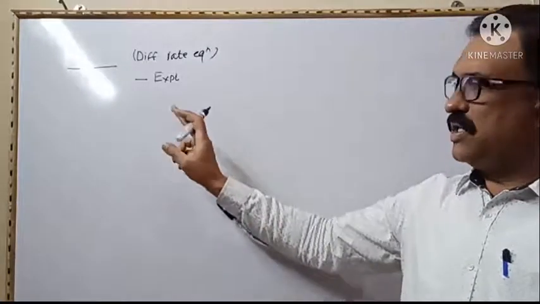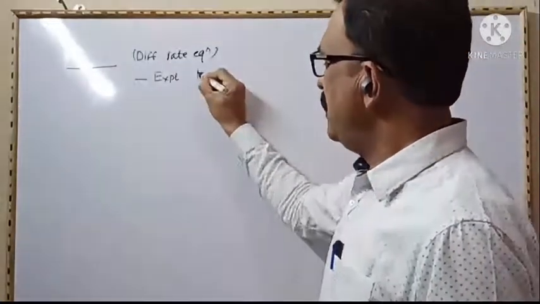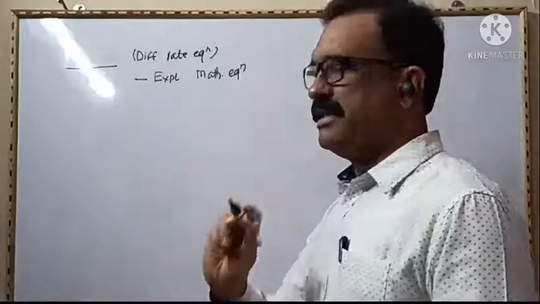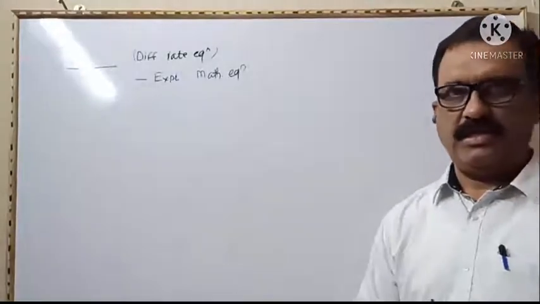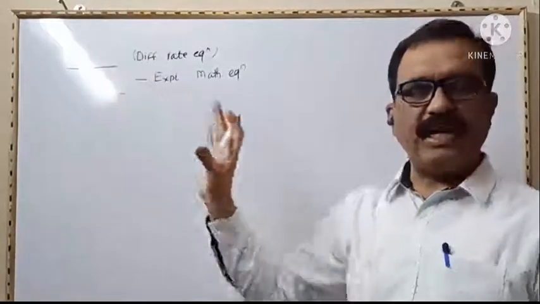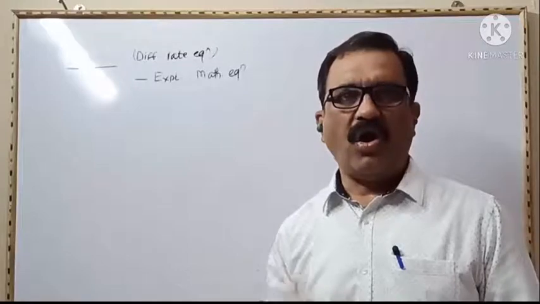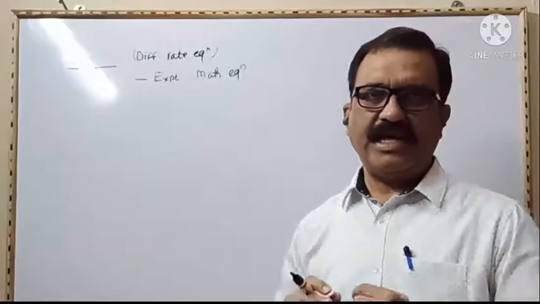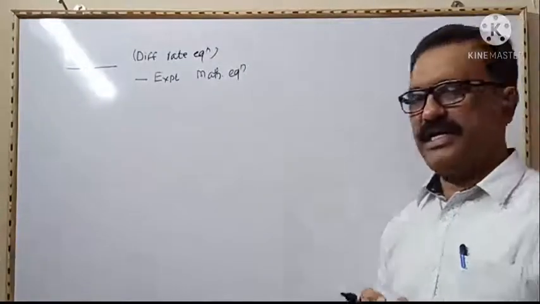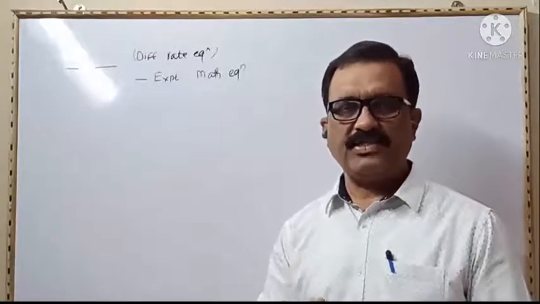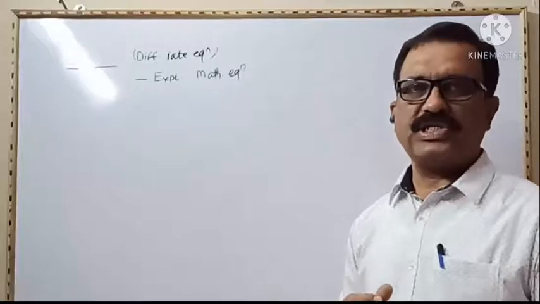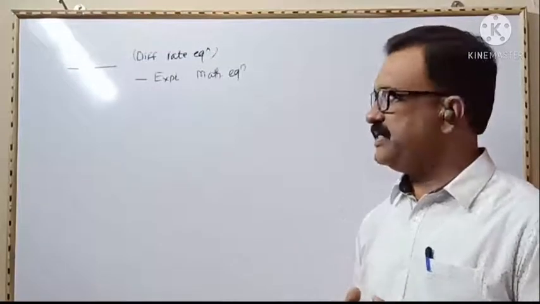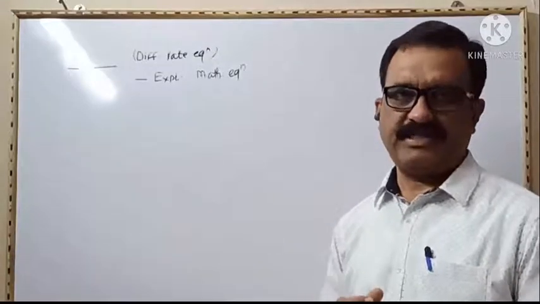Okay? This rate law gives a mathematical equation. A rate law is based on the law of active mass. That is, the rate of every chemical reaction depends upon the molar concentration or active mass of a reacting species in a given chemical reaction.